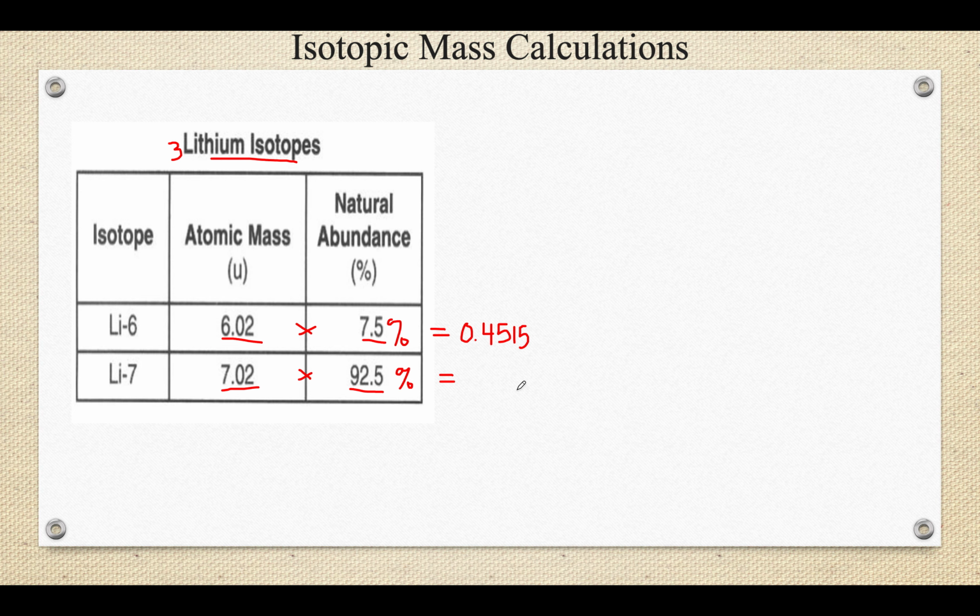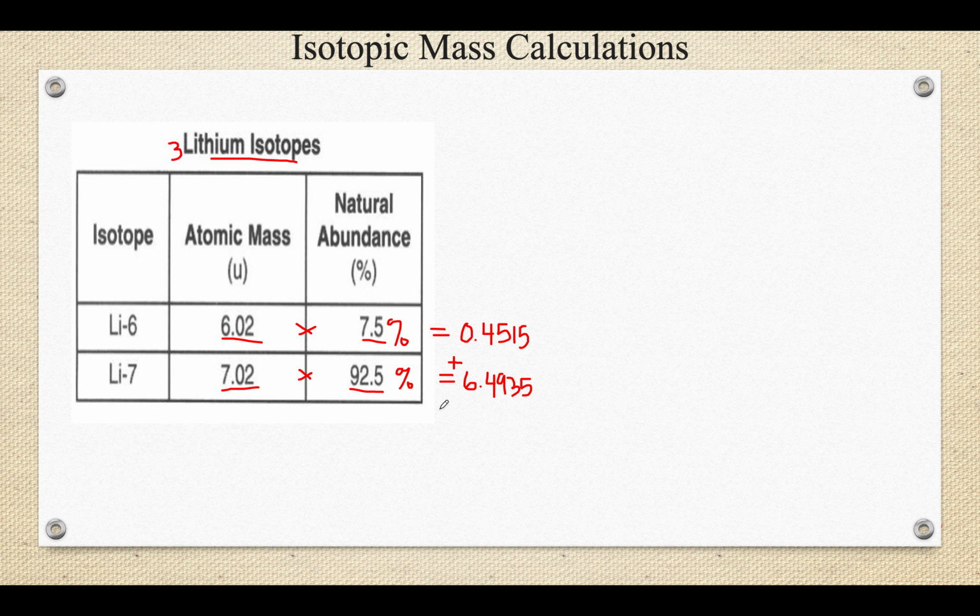If I enter into my calculator 7.02 times 0.925, I get 6.4935. My last thing that I need to do in order to calculate this atomic mass is add these two numbers together.